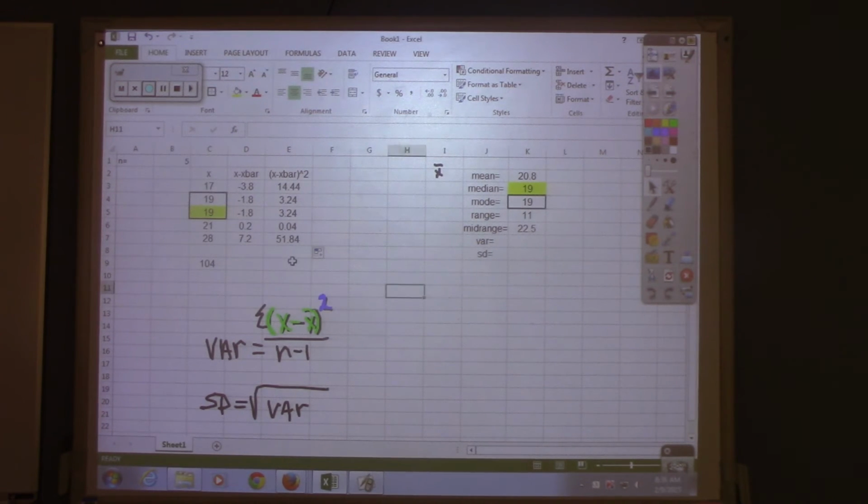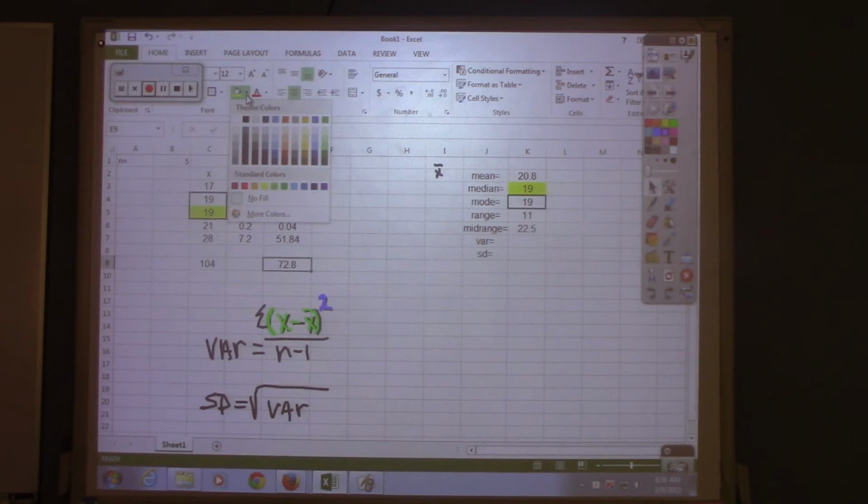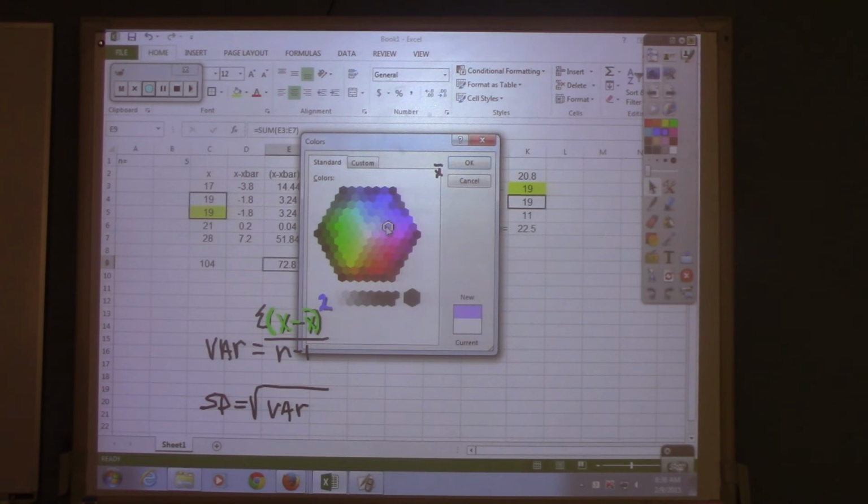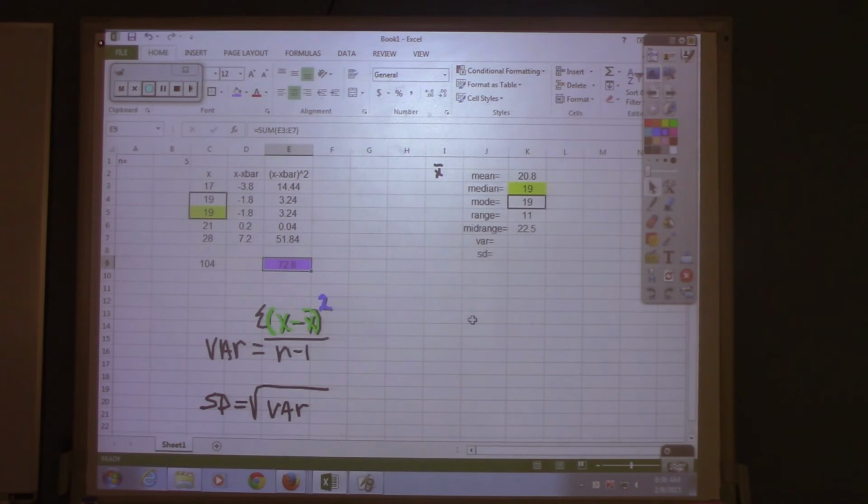We're going to take this column and hit the summation button. And I'm going to highlight it.